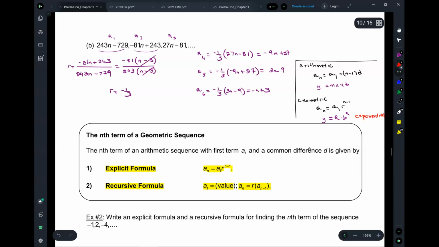It's an exponential equation, whereas for the arithmetic, it's linear. So if we were to plot successive terms of a geometric sequence, it would look like an exponential graph. Isn't that cool? Super cool.